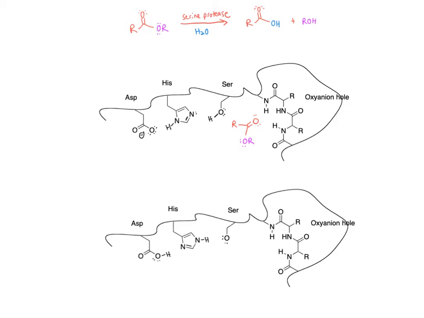With the enzymes, they give their own conditions, and everything in the enzyme is set up to specifically do this reaction. They're going to have protons in the right places to help stabilize negative charges that generate.